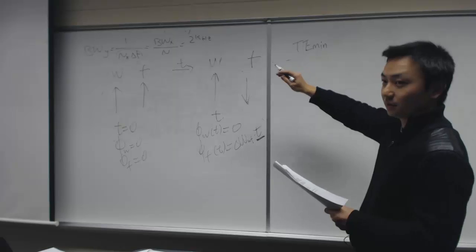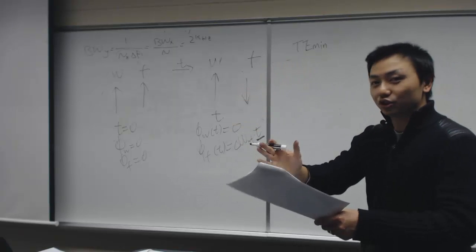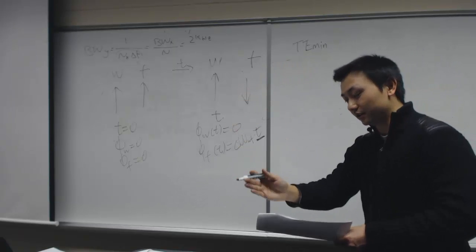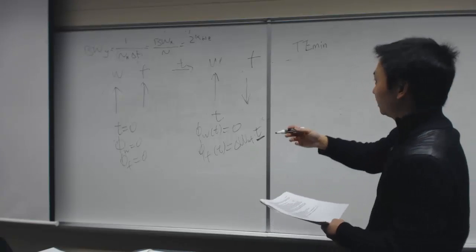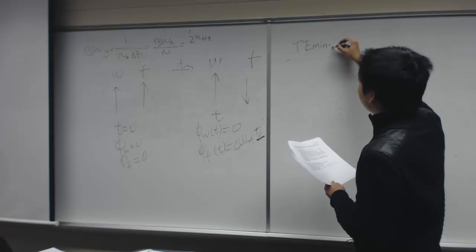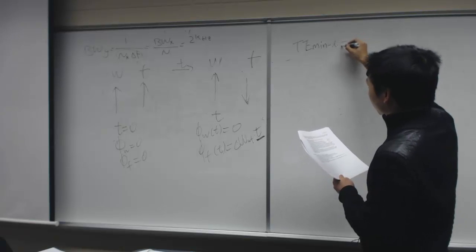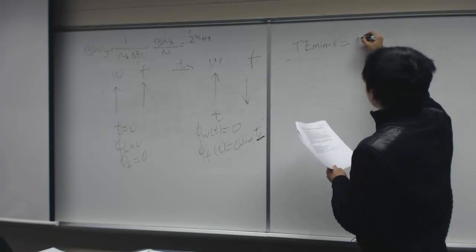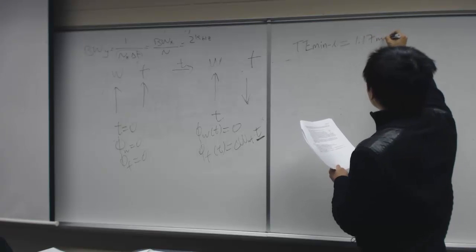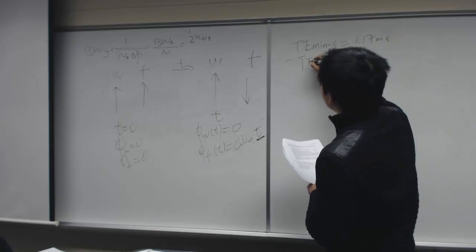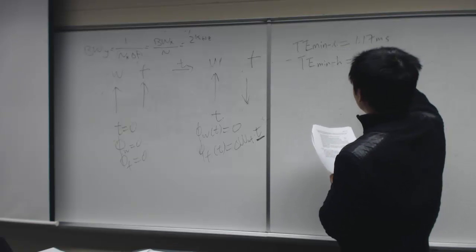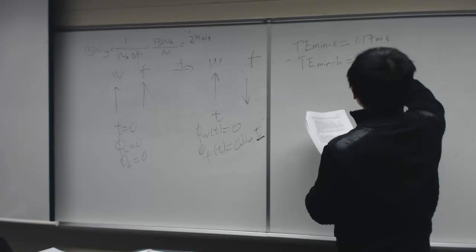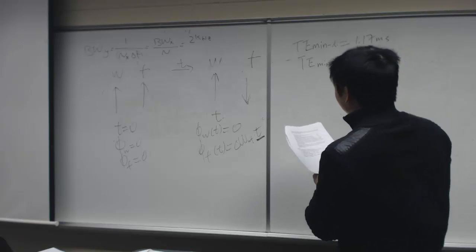So when we say the minimum TE, that means we're using the shortest TE when this first cancellation and addition of the signal occurs. So for the C, let's say the lowest signal is at 1.17 milliseconds, right? And the highest signal is at 2.34 milliseconds. Okay.